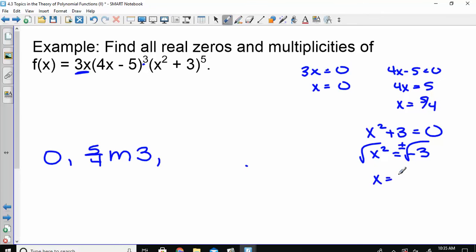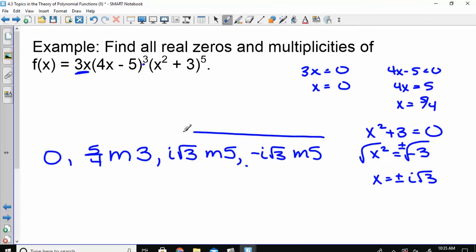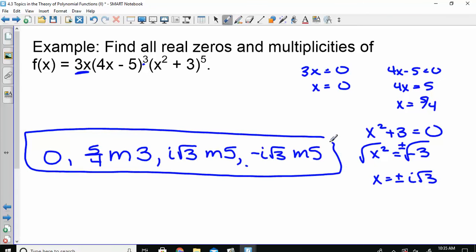And when you add a square root, you do plus and minus. What's the square root of negative 3? i square root. So that means you have i radical 3 with a multiplicity of 5 and negative i radical 3 with a multiplicity of 5. You could have also written it as plus and minus. I just separated them to really emphasize that they are two different zeros.